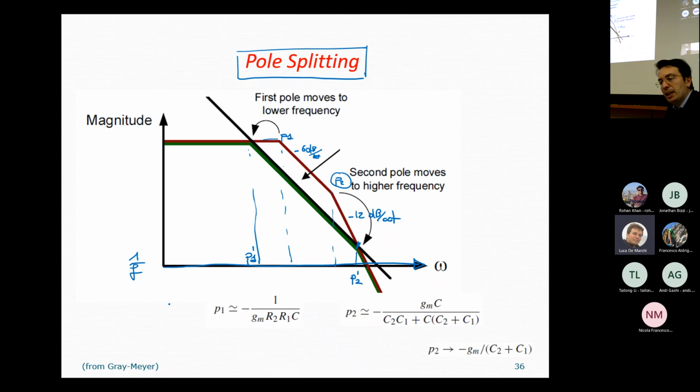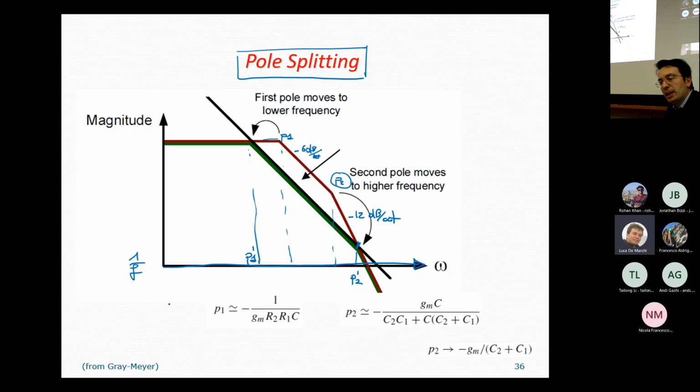Another consideration is related to the positioning of P1, P2, and the zero. To perform the global design, we have to apply some simplifying assumptions. So we will suppose that P2 and the zero are larger than omega null.